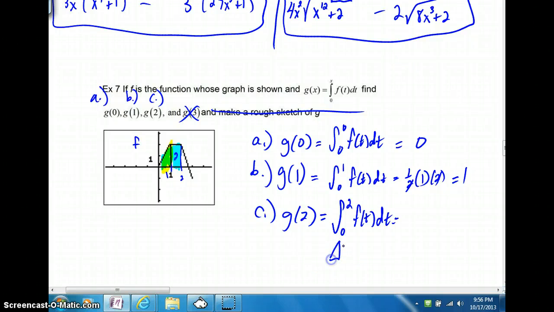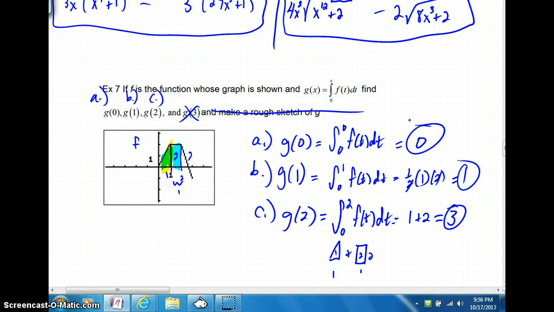So my goodness, we already found that the triangle had an area of 1. Look, from 1 to 2, the base of the rectangle would be 1. You could see the height would still be a 2. So this is 1 times 2 is a 2. And we saw that the area of the triangle was a 1. So we'd say 1 plus 2 would equal 3.